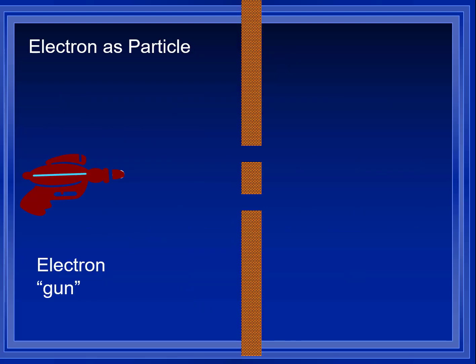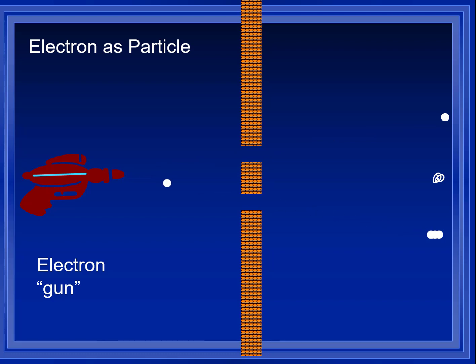If the electron is a particle, it will either go through one slit or the other slit. No matter how many times I fire this gun, it's going to go through one slit or the other. And the safest place to stand is right here, if you don't want to be hit by an electron.